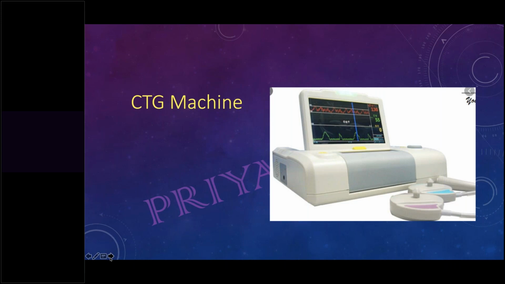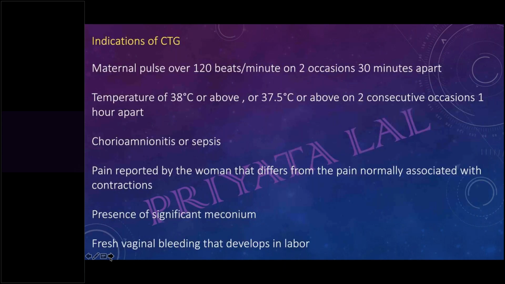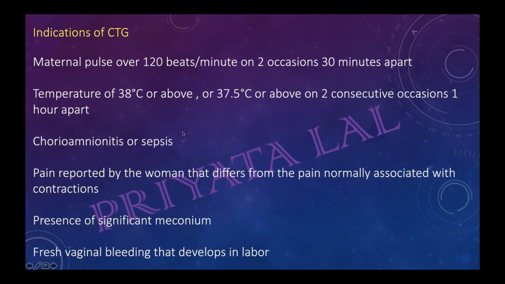Now this is again from the NICE guidelines. Why is CTG done? It is important for part 2 people and also for part 3, because you will get an SBA with regards to indications of CTG. You have to remember it. Everybody knows it, but a bit of revision.